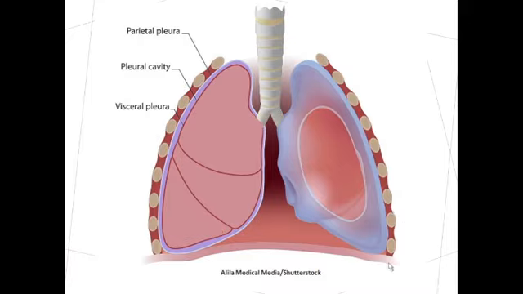So, quick recap: the major cavities and membranes. We have two major cavities, the dorsal and the ventral. The dorsal cavity is divided into the cranial cavity, which contains the brain, and the vertebral cavity, which contains the spinal cord. The ventral body cavity can also be divided into two portions, the thoracic or chest cavity and the abdominopelvic cavity.